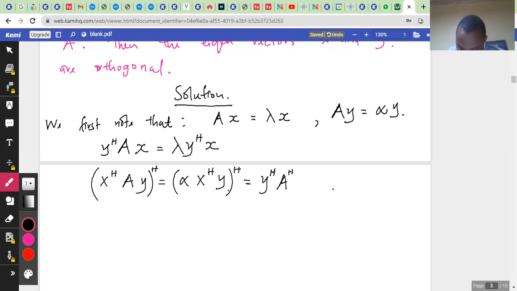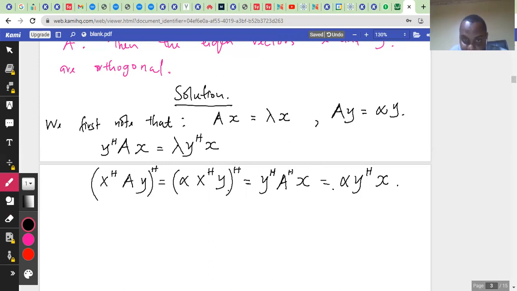You know, this one is a Hermitian matrix. It's not skew Hermitian. It means A^H equals A transpose conjugate. So on one side we get y^H A x, and on the other side we get alpha y^H x.